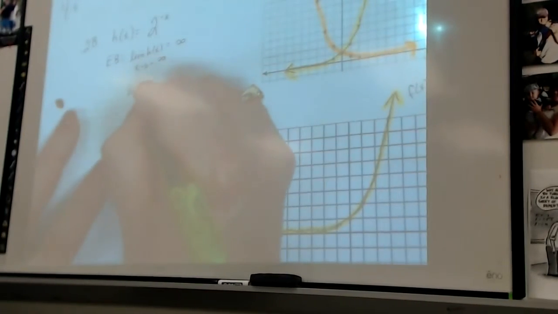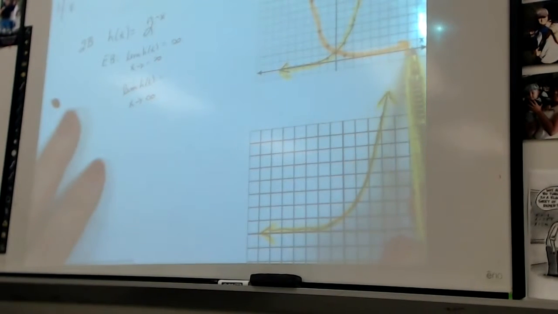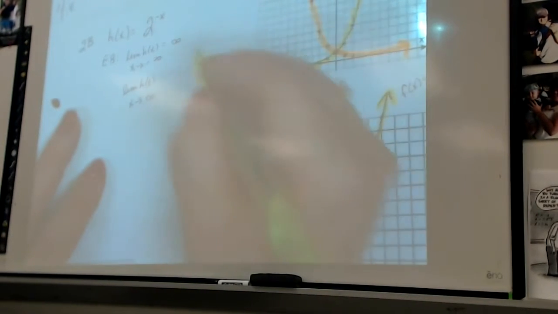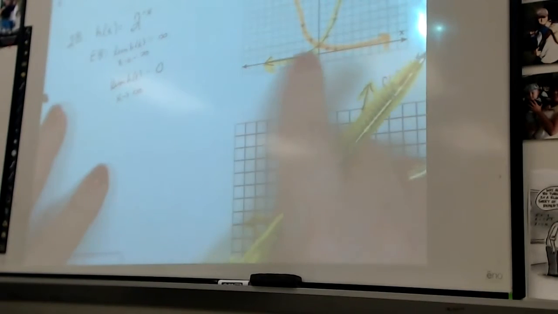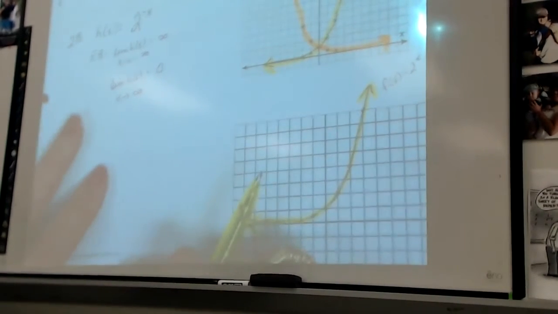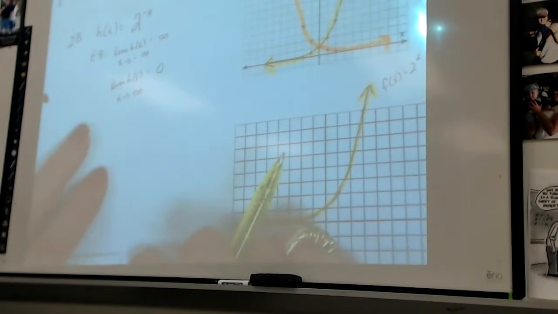And then the limit of h of x as x approaches positive infinity. So as we're moving to the right and x is getting larger, what's the y value approaching? 0. So those two flip-flopped. On the original, you're approaching 0 as you approach negative infinity, and infinity as you approach positive infinity. This one's right the opposite.